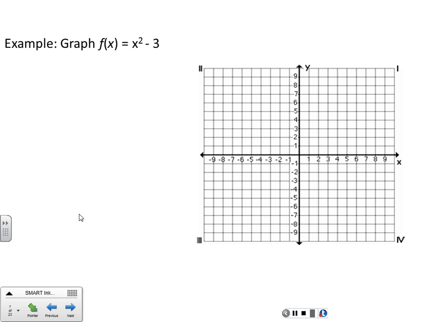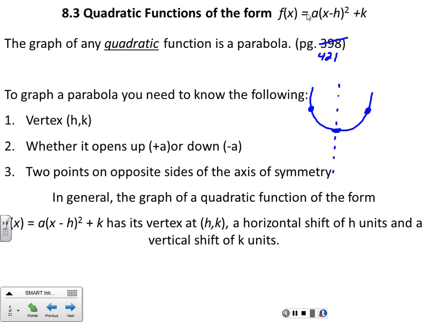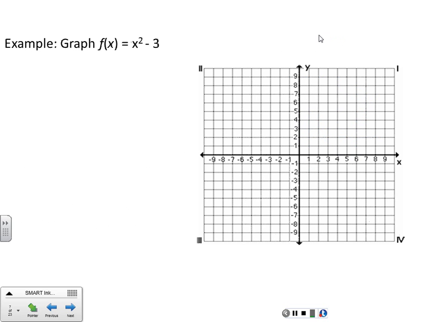Not in your functional notation, but in your actual function, do you see parentheses? No. Okay, let's go back to standard form. Which variable is associated with parentheses? Your h, your x coordinate. If you don't see parentheses, guess what you don't have? You don't have an x coordinate, an h.